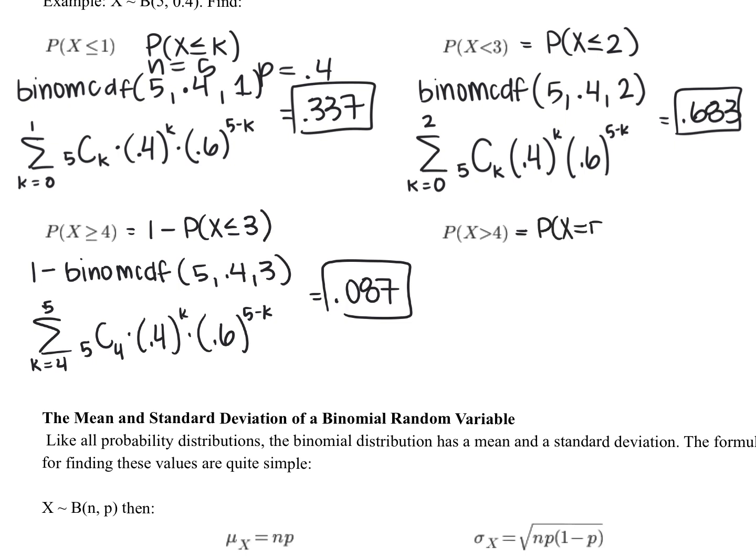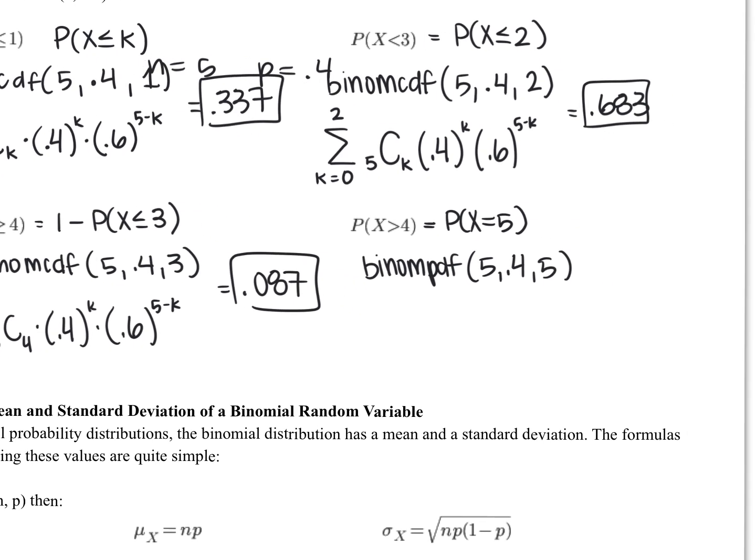So the easiest way to probably look at it is as a binomial PDF situation, because the only thing greater than 4 is 5. So if I do binom PDF, I have 5, 0.4, 5.